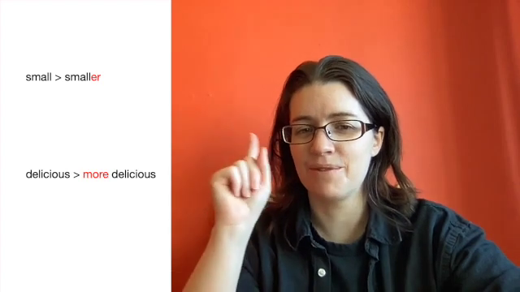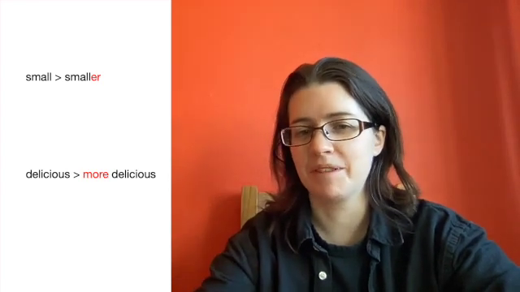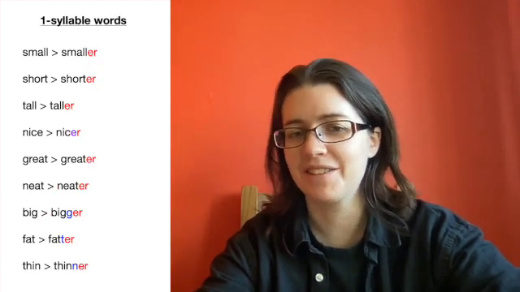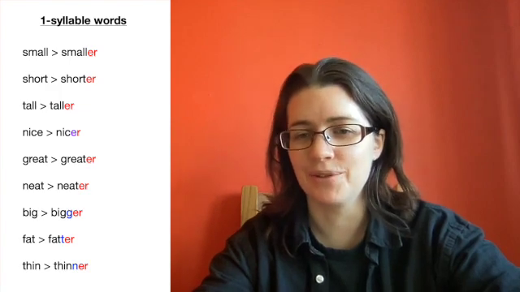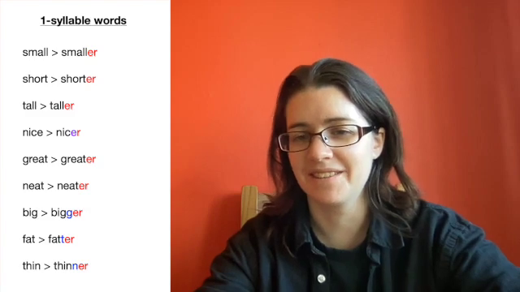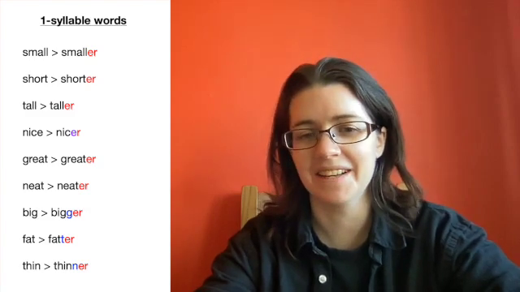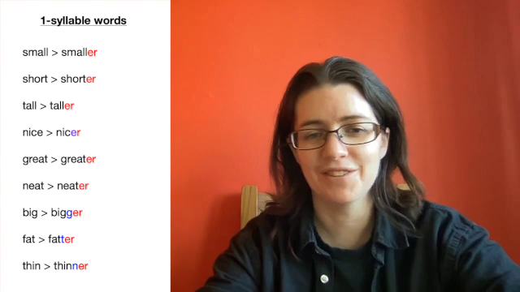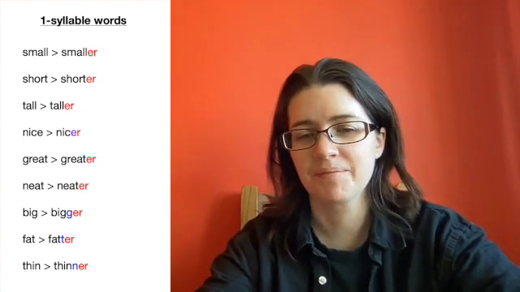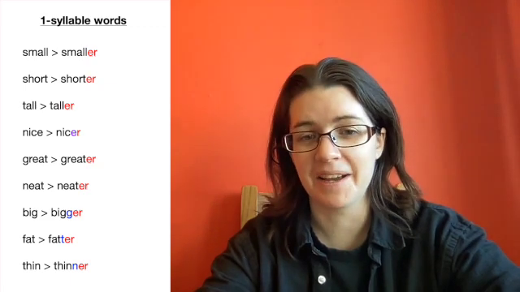Words with one syllable become comparative by putting ER at the end. Small, smaller, short, shorter, tall, taller, nice, nicer, great, greater, neat, neater, big, bigger, fat, fatter, thin, thinner, etc. Be careful of the spelling here.